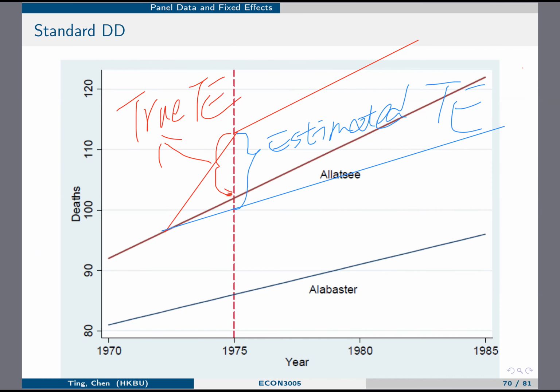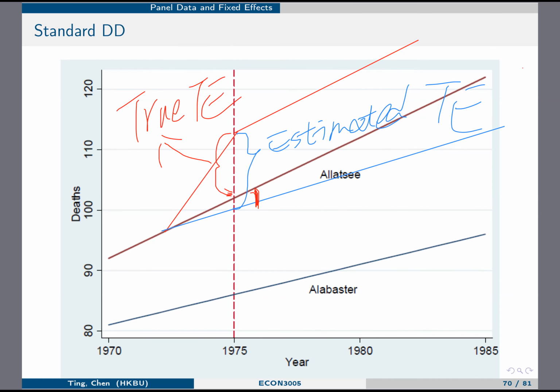Because the estimated treatment effect now also contains the effects coming from this part, coming from the trend difference between the treatment and control group. It happens to be positive in this particular case, so we tend to overestimate the true treatment effect.